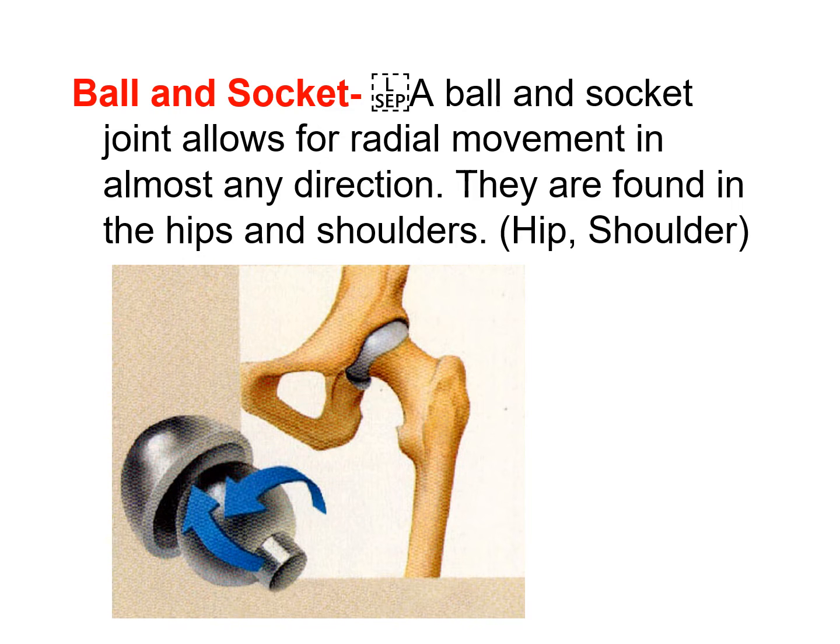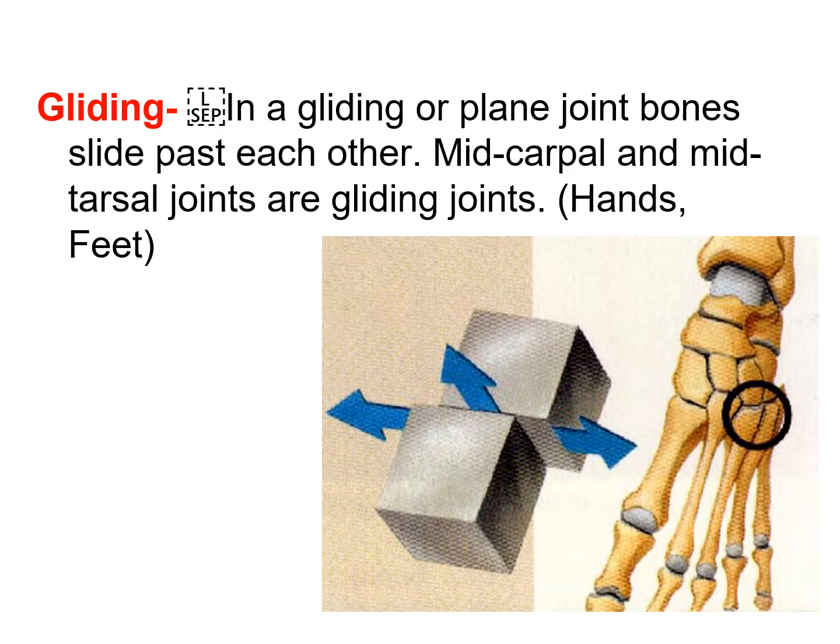They are found in the hips and shoulders. We have gliding or plane joints, where bones slide past each other. Midcarpal and midtarsal joints are gliding joints.